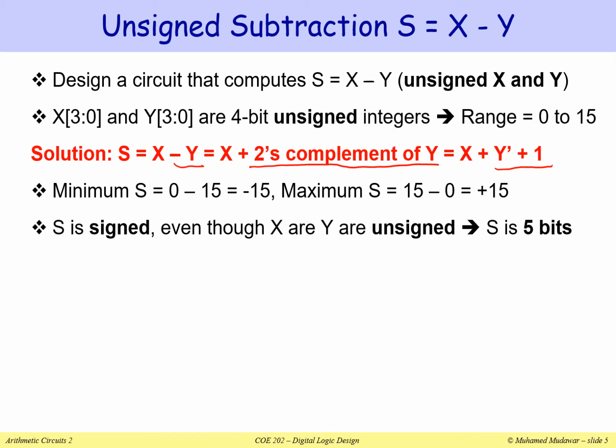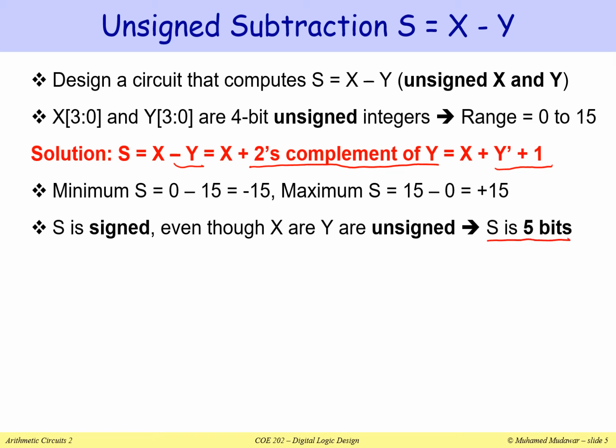So the sum can be negative and it can be positive, even though x and y are unsigned. So if I would like to represent the range from negative 15 to plus 15, I need 5 bits. So s must be 5 bits.